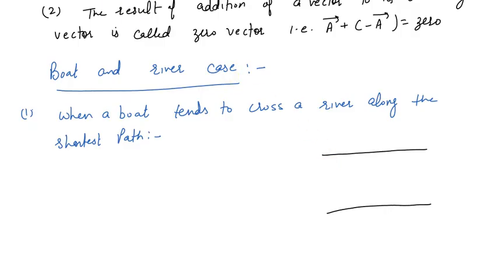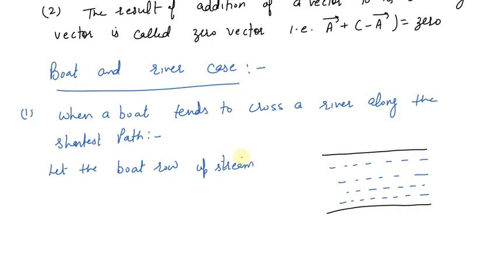Let this is the river. Let the boat row upstream, making the angle theta with AB with velocity V1. This is AB.